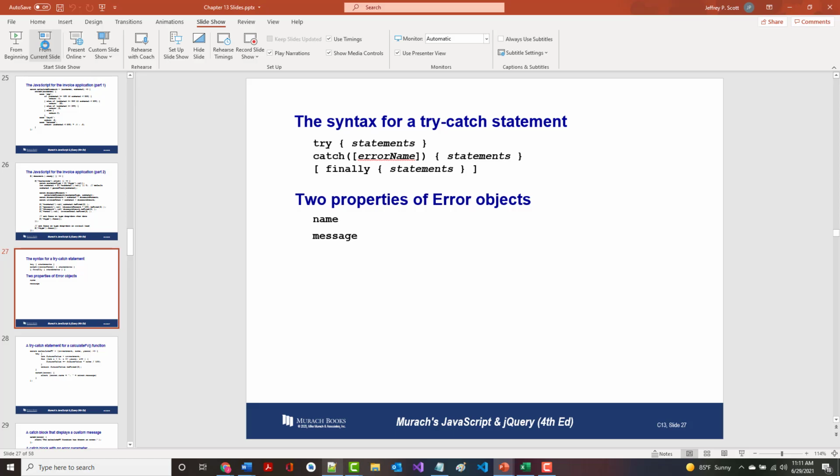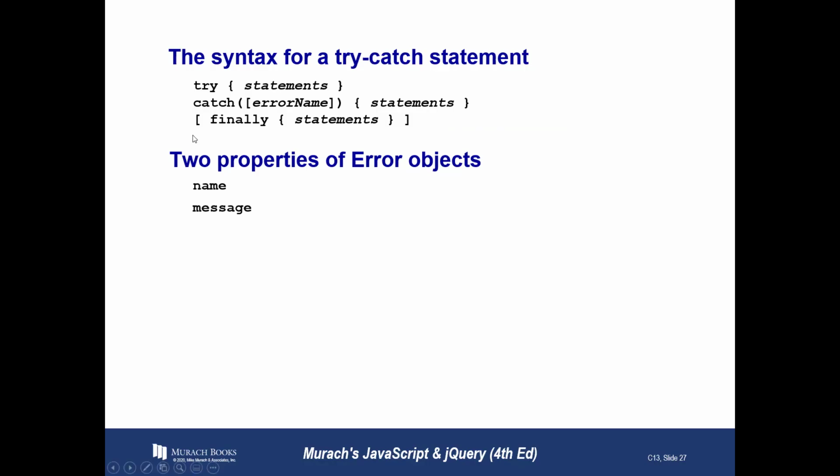A third way of doing it is to let bad data into the system, but handle it the way we want it to be handled. You oftentimes do that by using what's called a try-catch block, which can have an optional finally statement. Inside of try, inside of those curly braces, you put one or more statements that can conceivably fail. Inside the catch, you let it know what the error was and what you want to do based on that error.